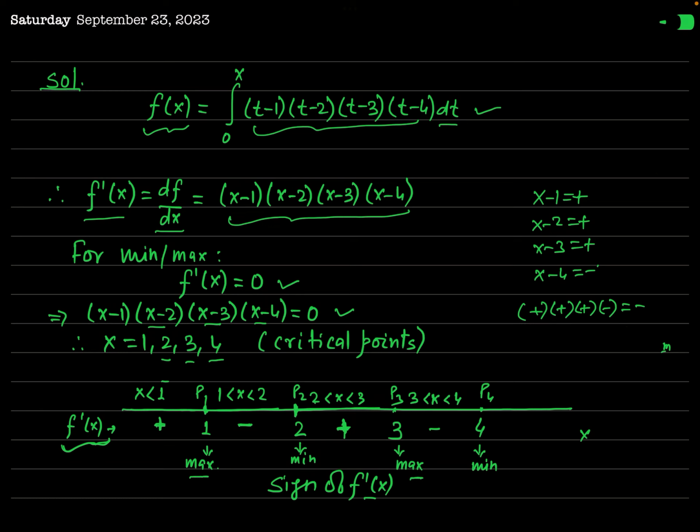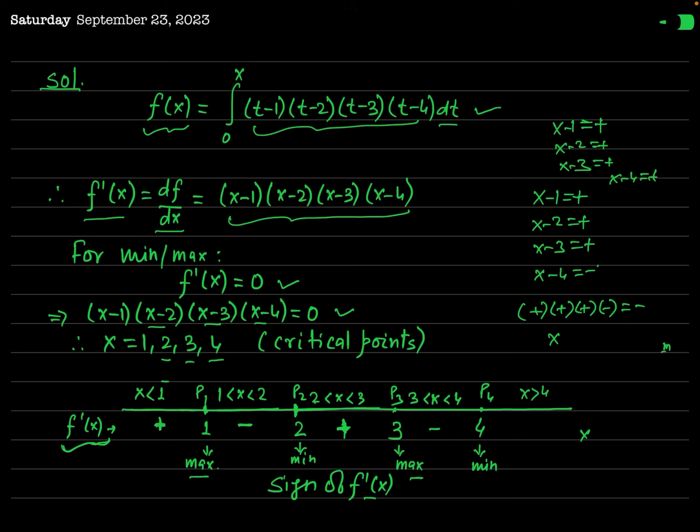And when x is greater than 4, in this region, x minus 1 will be positive, x minus 2 will also be positive, x minus 3 will be positive, and x minus 4 will also be positive.